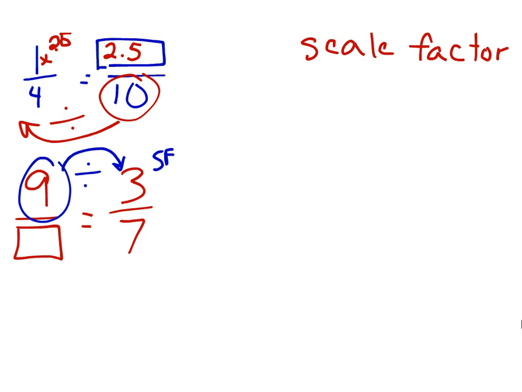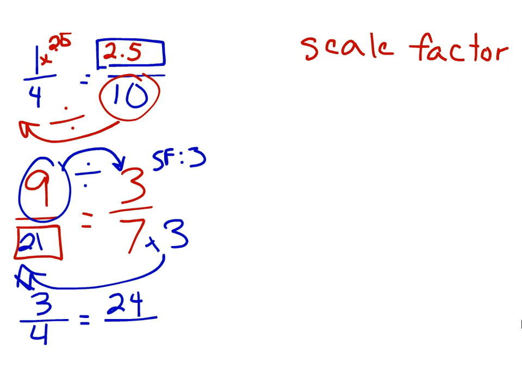That gives me a scale factor of 3. Now I multiply that by the bottom number. 7 times 3 gives me 21. I'm going to give us one more practice problem on that. Sorry, I can't fit in here. I'll try and fit in right down here.